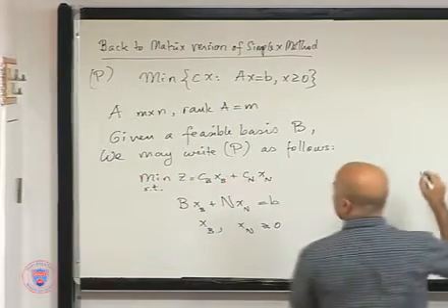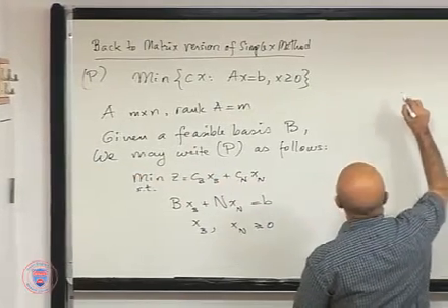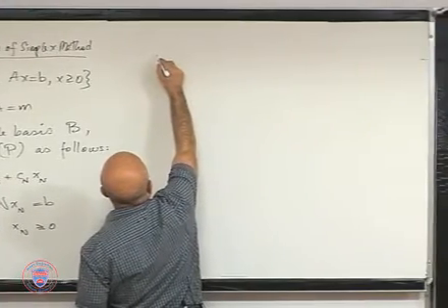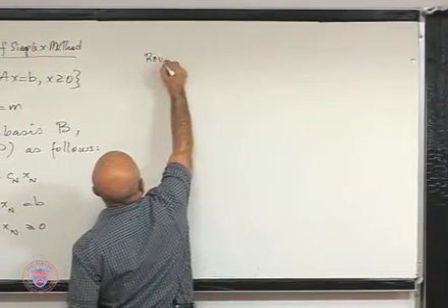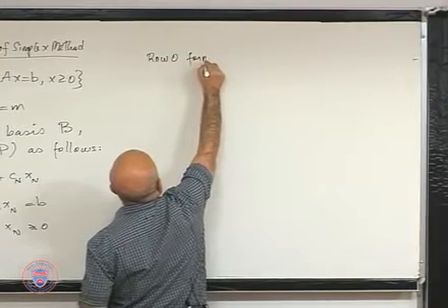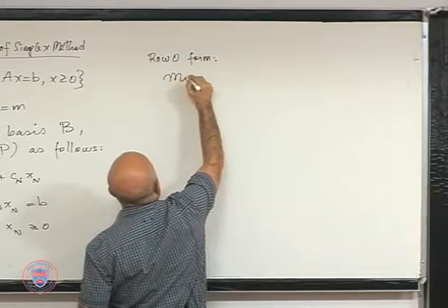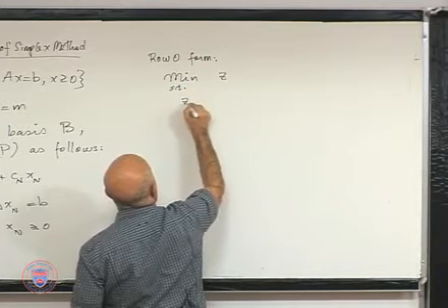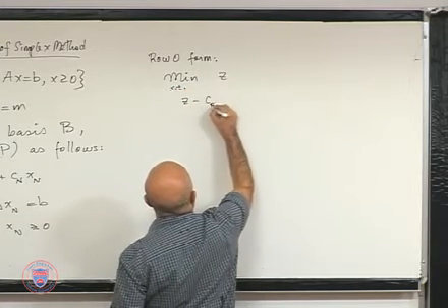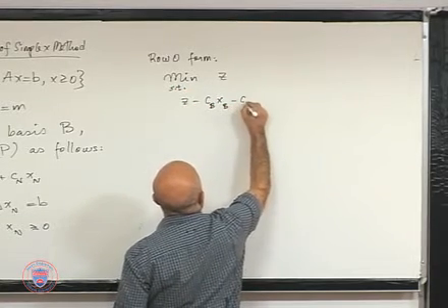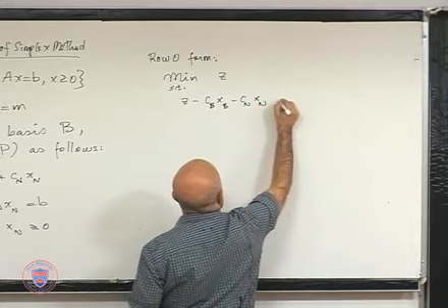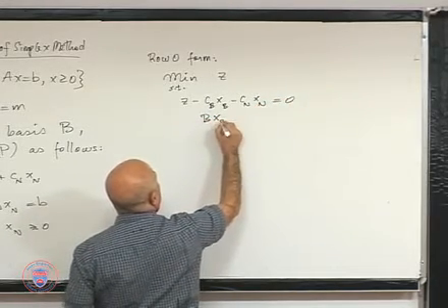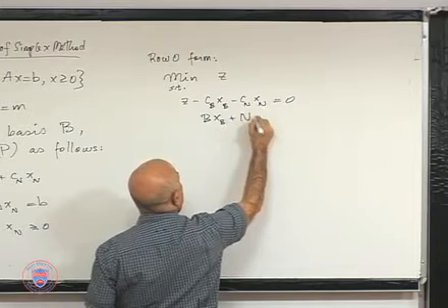And we did the following. I stated the row 0 form, which is the minimization of z subject to z minus CB XB minus CN XN equals 0, with constraints in partitioned form.